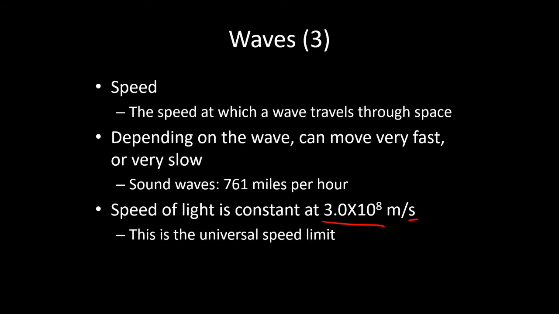And if you're wondering, well, I think I saw an article a few years back that said they found something going faster than light, they were wrong. You see those articles pop up every once in a while. I remember seeing one when I was in high school and thinking, I guess that's cool, something going faster than light, but I didn't think that was possible.